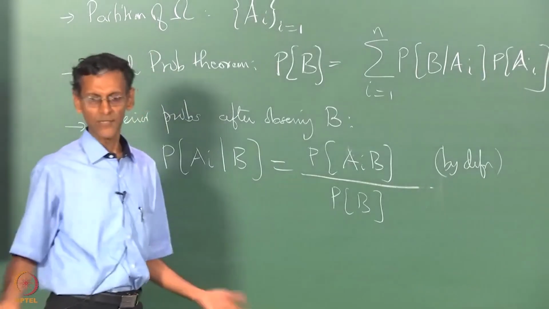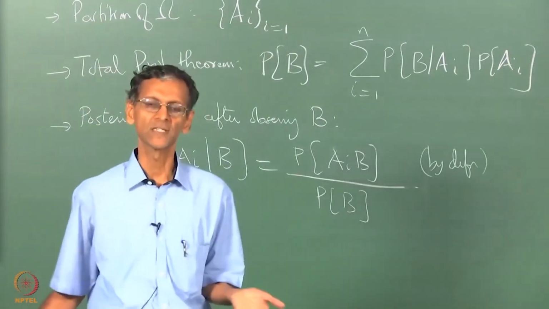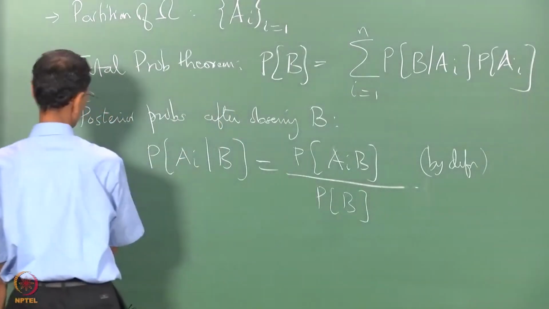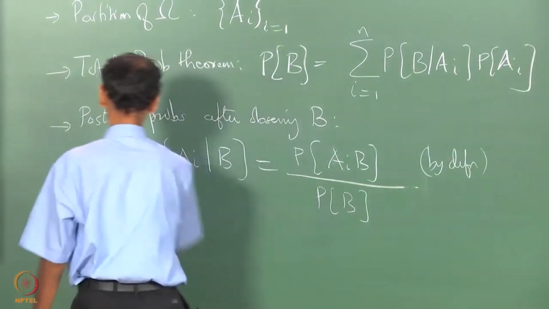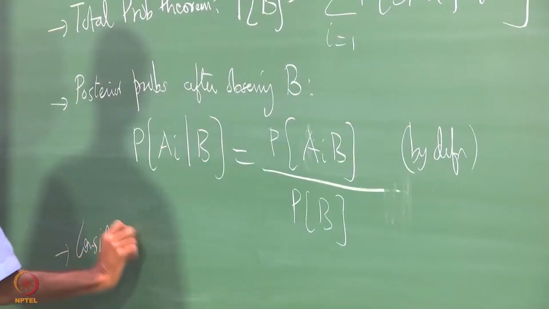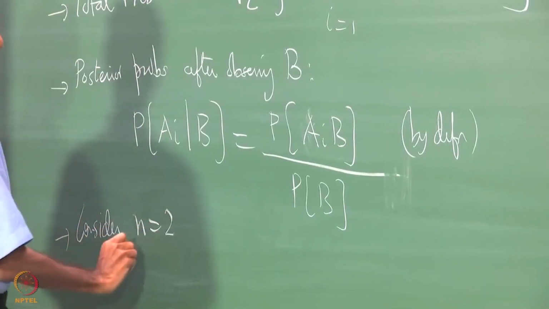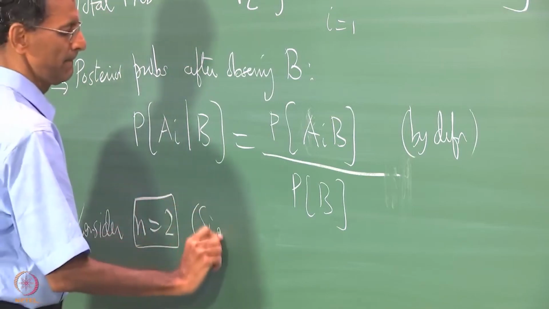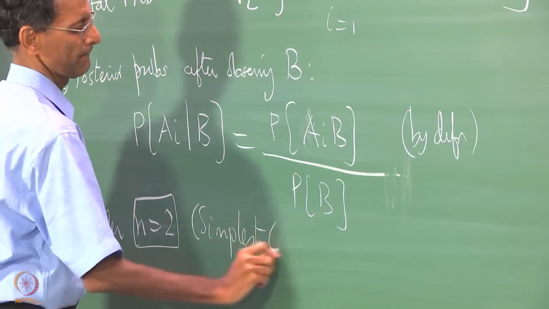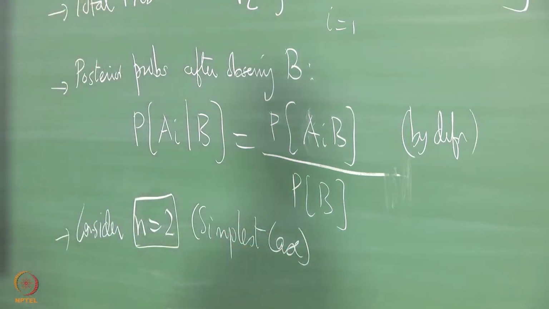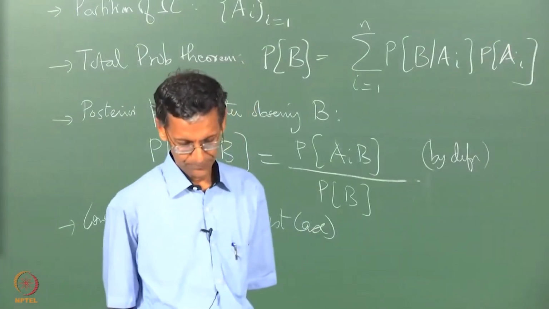For a useful partition of omega, you need at least 2 events, A1 and A2. So let me just start off here and then continue on. The simplest case, so that means you have only A1 and A2.